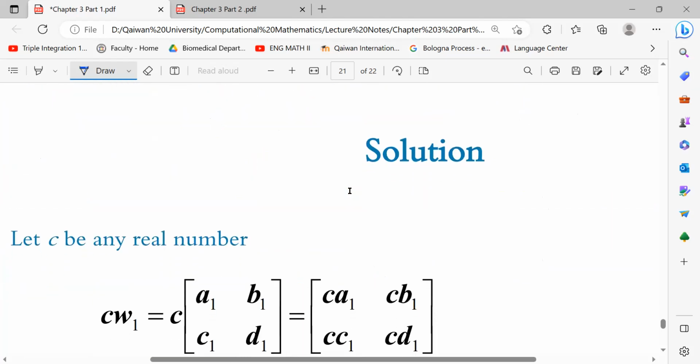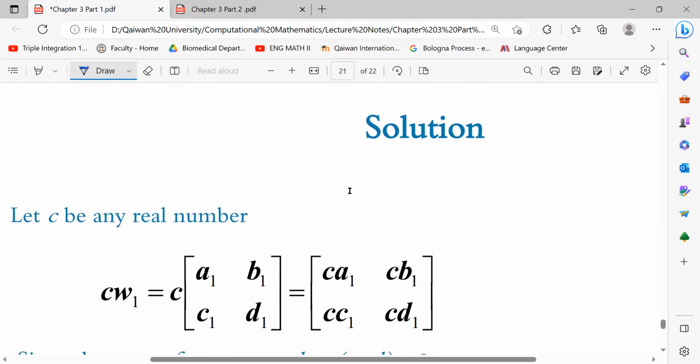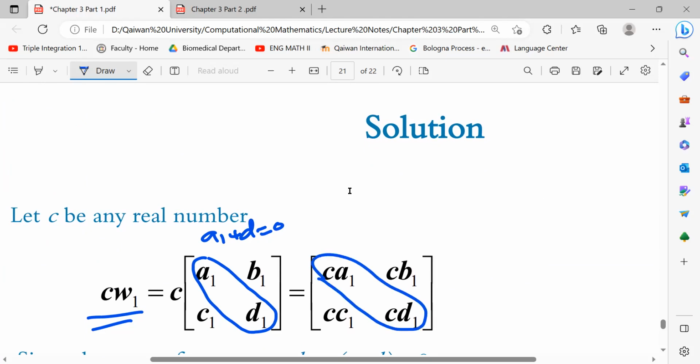For the second condition, if we multiply any member in W by C, here in this matrix in W that you took, the sum of these two, A1 plus D1, is 0. If we multiply it by C, we must still get 0. We get this matrix as we multiply all elements by the scalar.